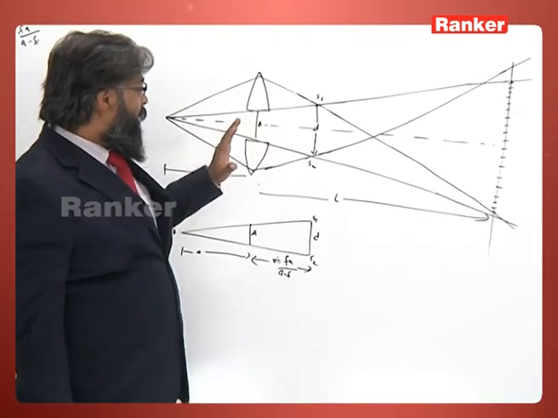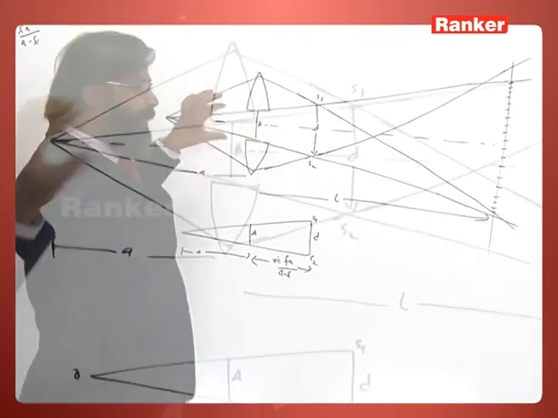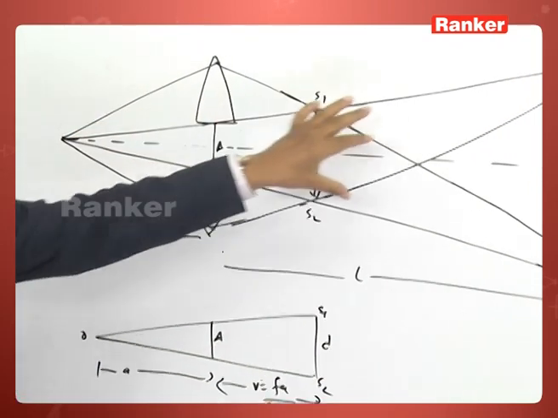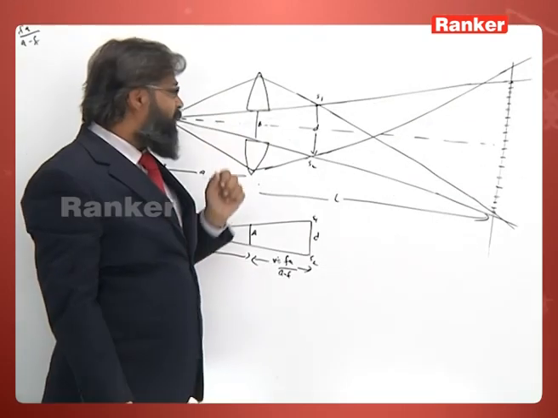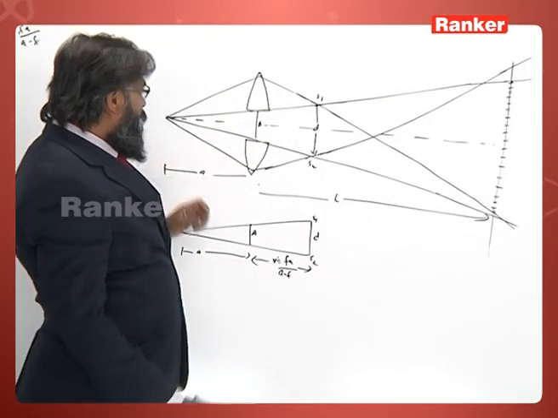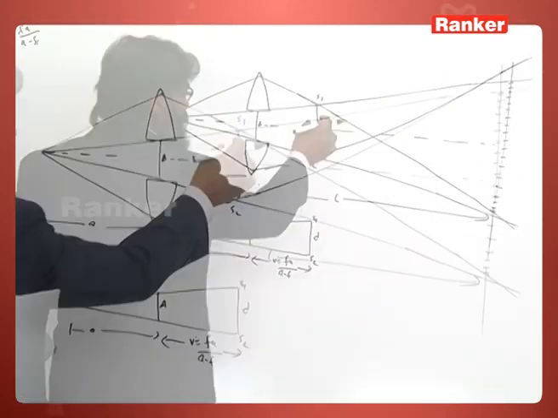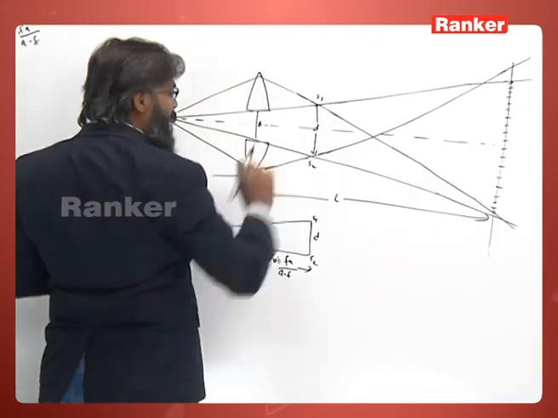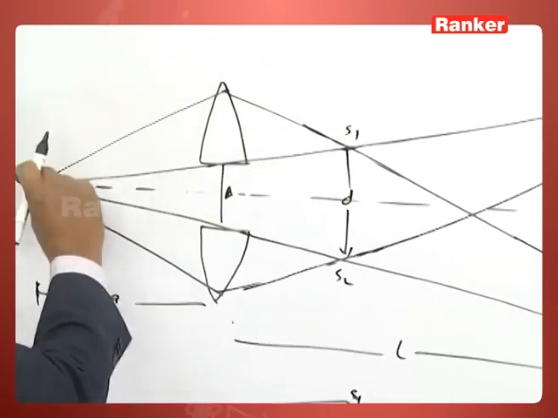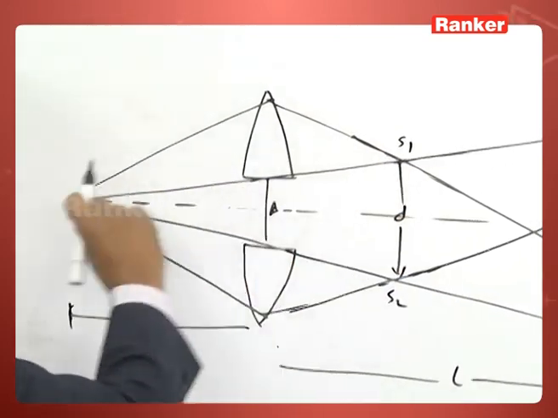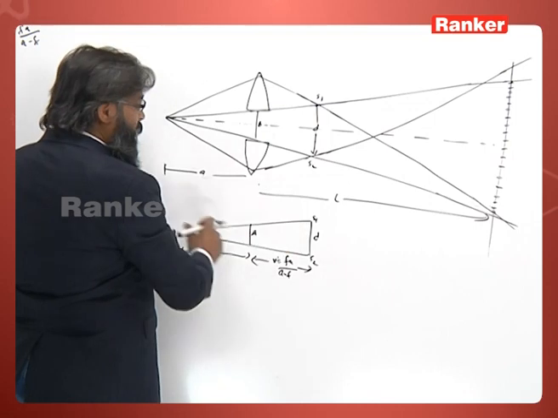So now I have again drawn the diagram. This time I have not drawn the wavefronts, so that my diagram is neat to study the distances involved. Now let us calculate S1 S2, the slit separation d. So we see these two triangles, this triangle and this triangle I have drawn here, they are similar.